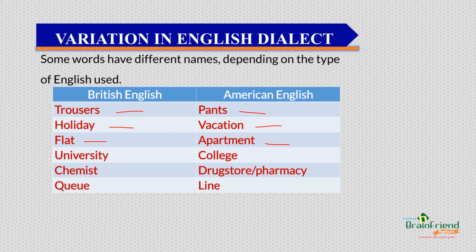Next, we have university, and it is known as college in America. Also, we have the word chemist. The Americans call it drugstore or pharmacy. And lastly, we have queue, which is known as line in American English.